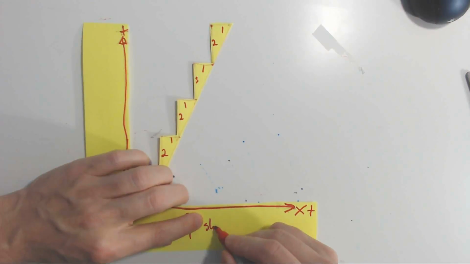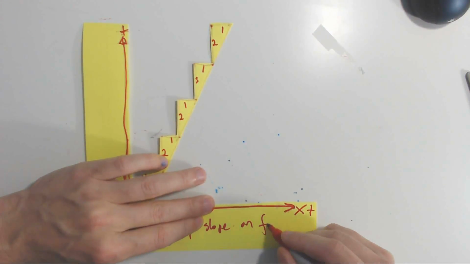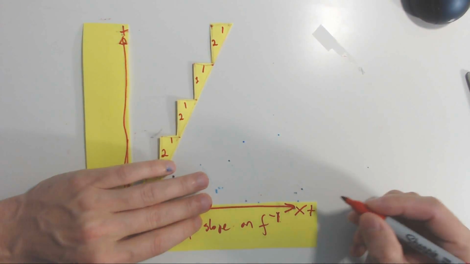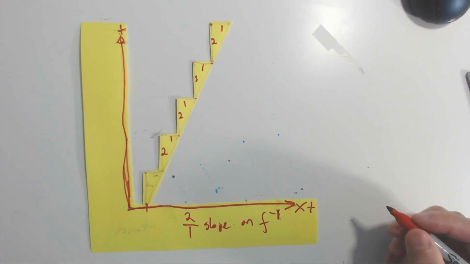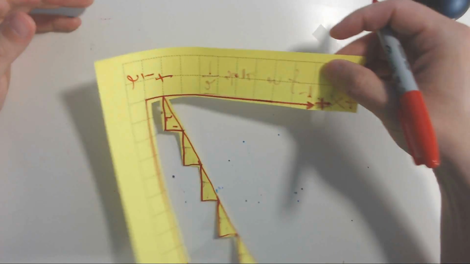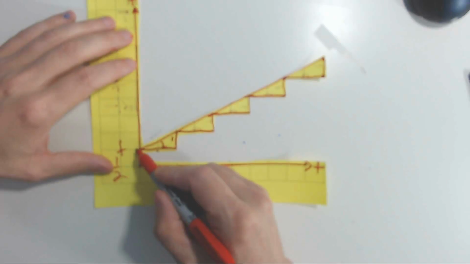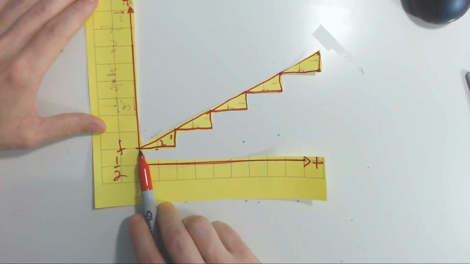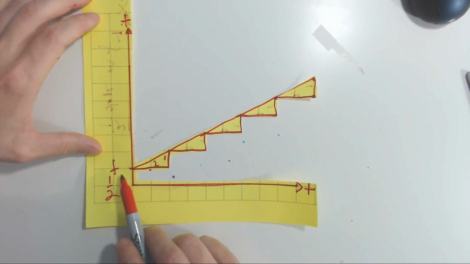And this is the slope on f with the little negative 1 there to indicate that this is the inverse function. But there's more than that if you think about this carefully, right? There's a whole little world revealed simply by treating the problem this way. Take a look. You see, for example, what is originally the y-intercept right here on the original f.